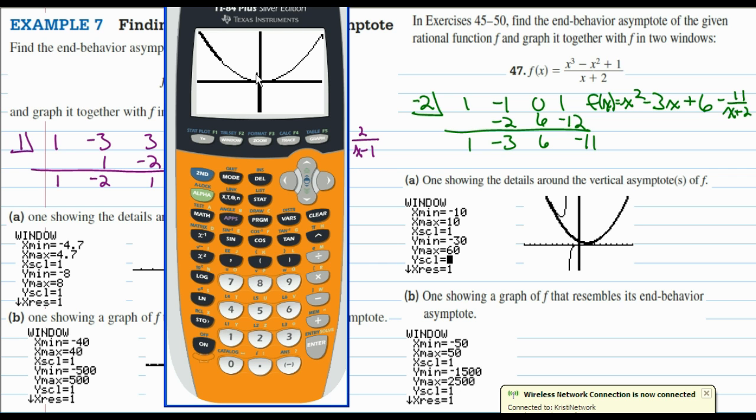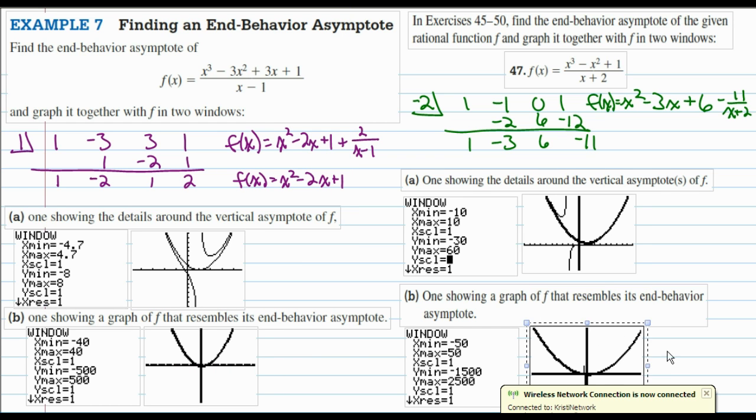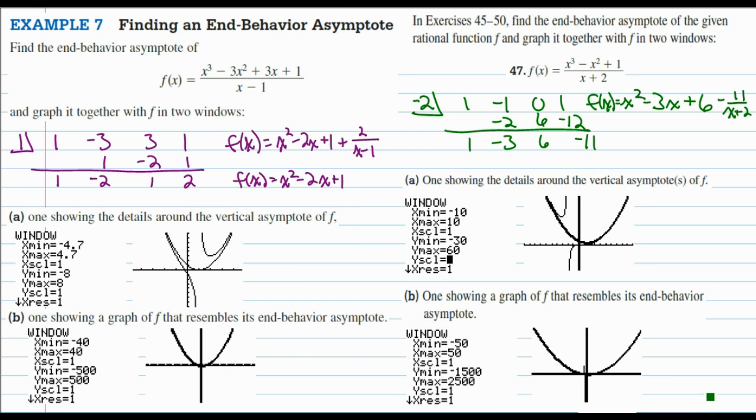You could see the little asymptote there. And then the end behavior asymptote and the function look almost identical, except for that little blip in the middle where the vertical asymptote lies. So we have shown visually that the graphs behave the same towards their ends.